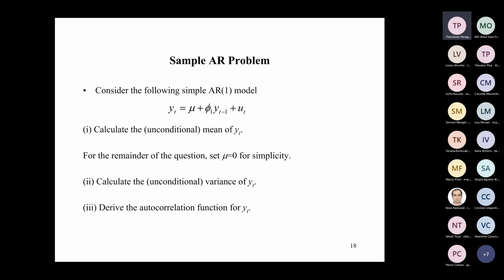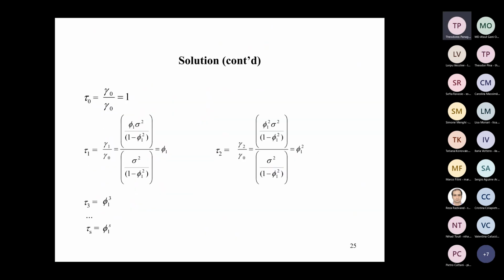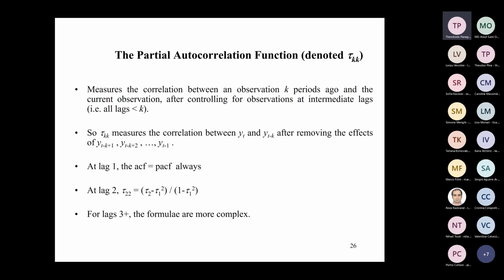I'm going to skip that, and I'm going to skip this theory. I'm going to go to the partial autocorrelation function. This is what appears in Gretl as PACF. Okay, this was the question I was asked earlier. What is PACF? This is the partial autocorrelation function.